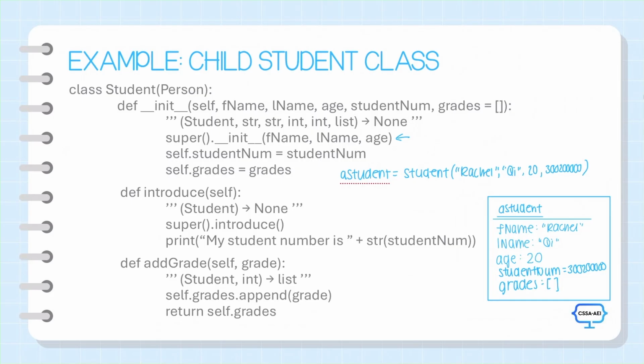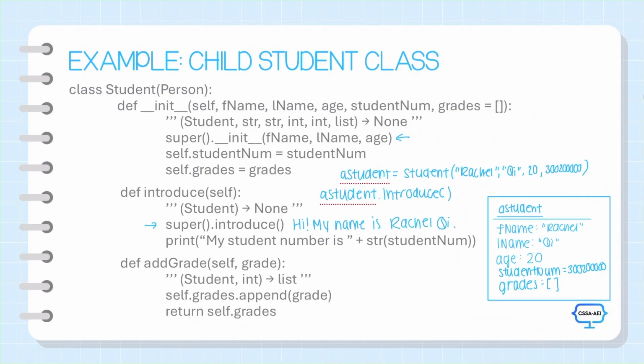Now from that, I can call student dot introduce. So here, the first line is going to call the parent's introduce function. And remember, a parent has the same first name, last name, and age as a student, because student takes that information from the fact that it's a person. So this will print out, hi, my name is Rachel Q again.